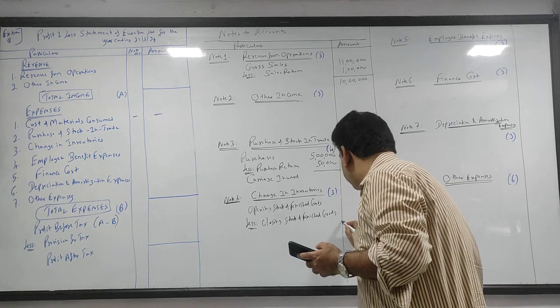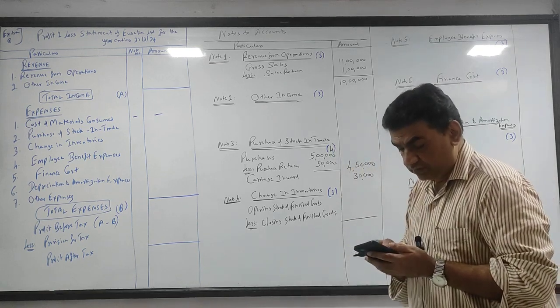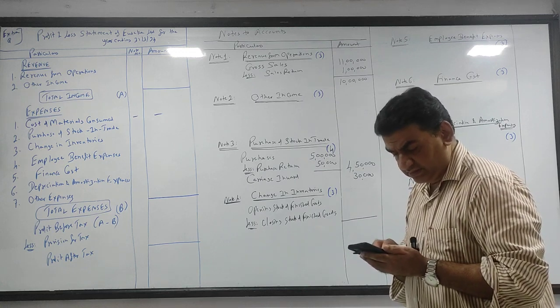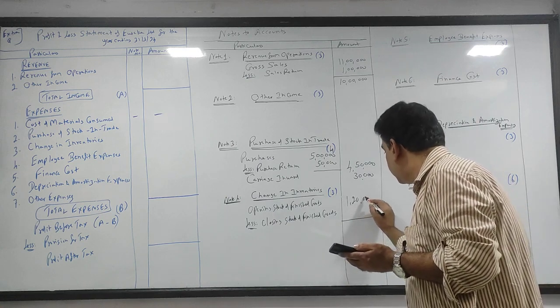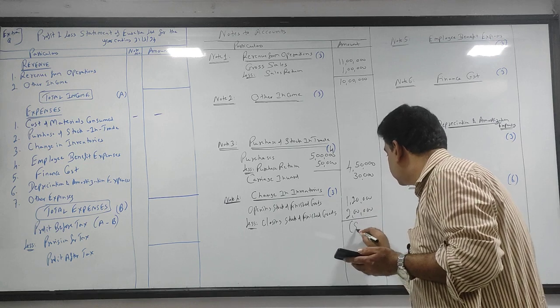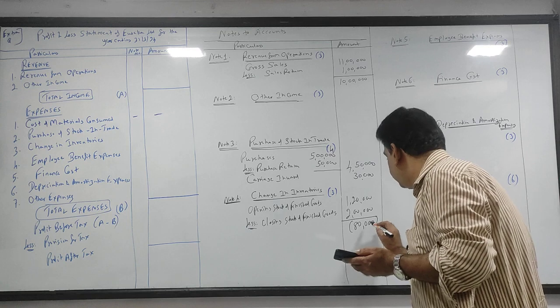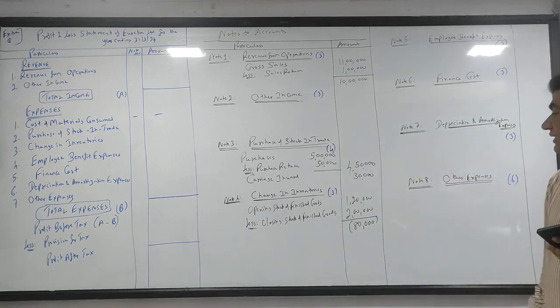closing stock of finished goods. कितना है मेरा opening stock? My opening stock is 120 and closing stock is 2 lakh. So 120 minus 2 lakh, negative 80.